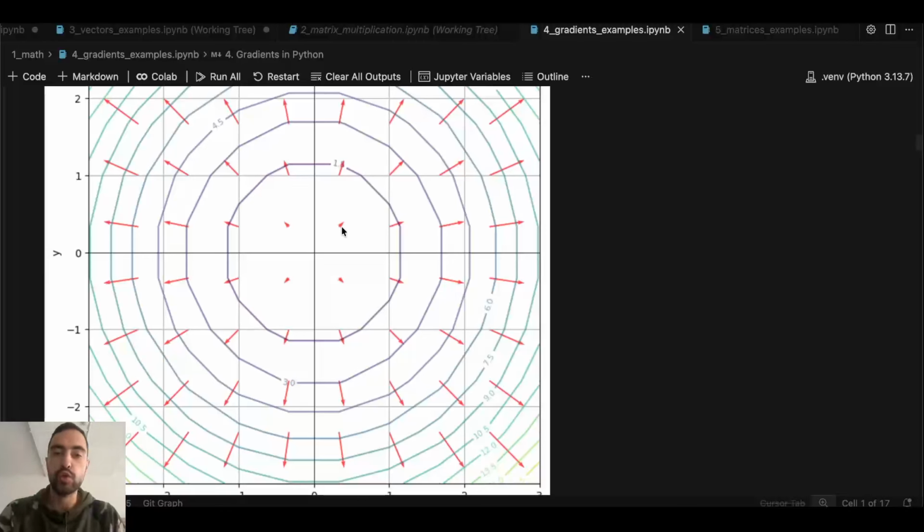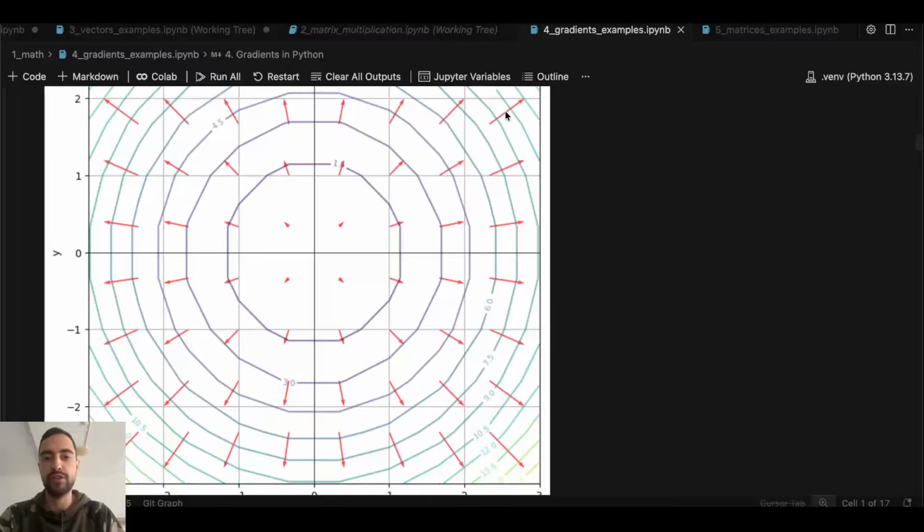So these arrows will be small. The magnitude, the length will be small because there is not too much slope. But as you go to the sides, the slope will be higher, larger. And so the magnitude, so each of these vectors will show you how steep it is. And it will also show you the direction in which it's steep.